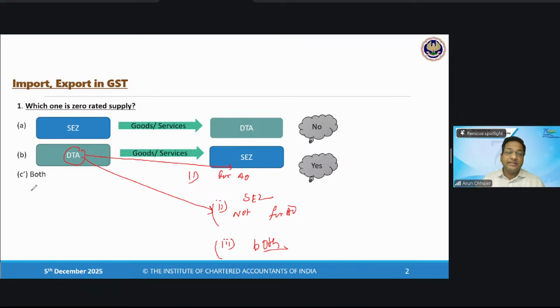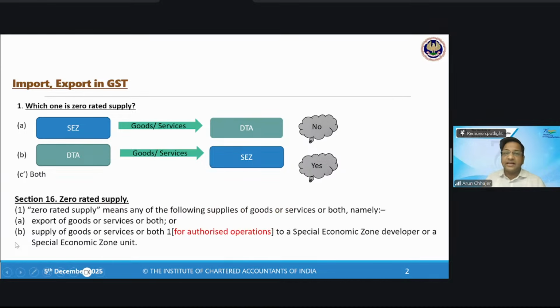Now let's read the definition of zero rated supply, which says that zero rated supplies means any of the following supply. One is export, whether it is goods or services, it is always zero rated supply. And second is supply of goods or services or both to the SEZ unit or developer.